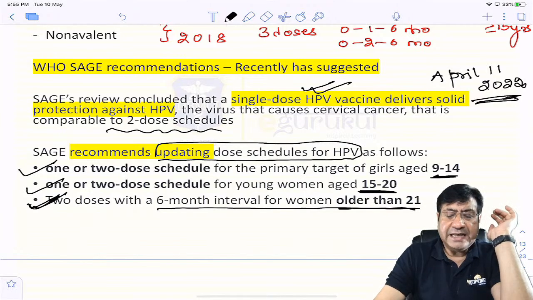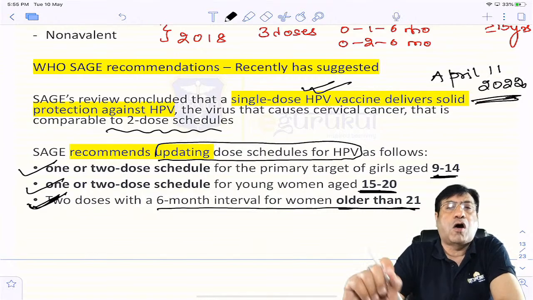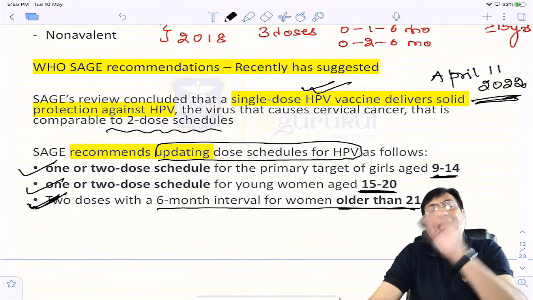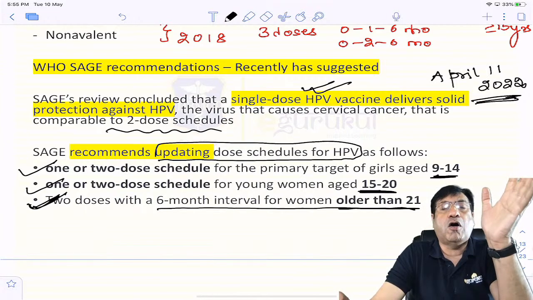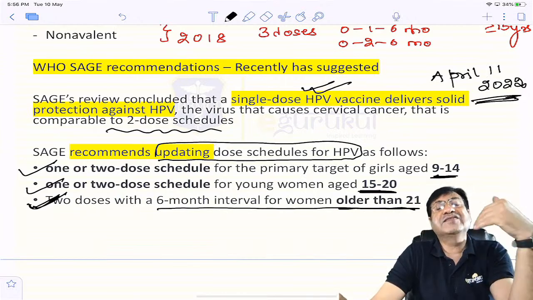Now the question is, if the WHO has said that a single dose or a 2-dose schedule is comparable, what I understand is they have suggested an update of the current schedule. They have not updated the current schedule, they have suggested.